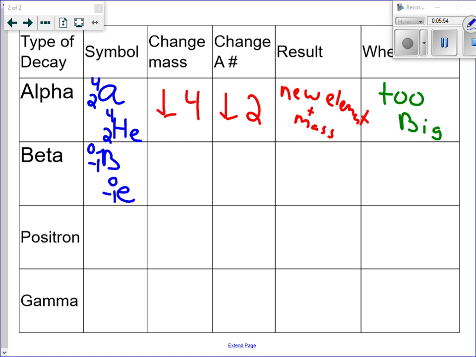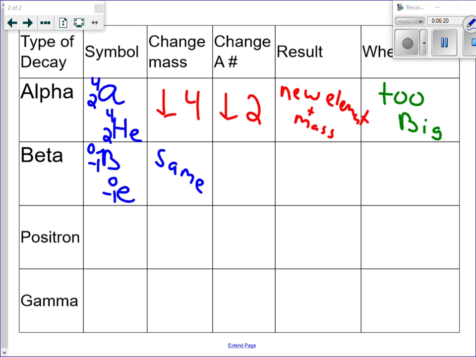Notice the top number in either of these symbols is a 0, which means the change in mass is going to stay the same. Now, beta is a little unusual.